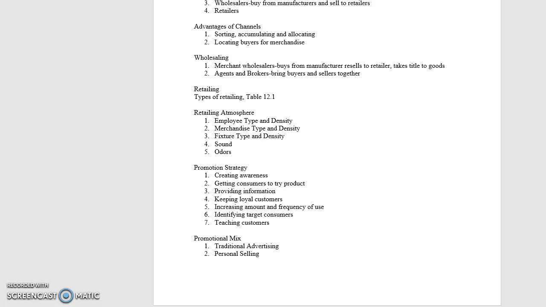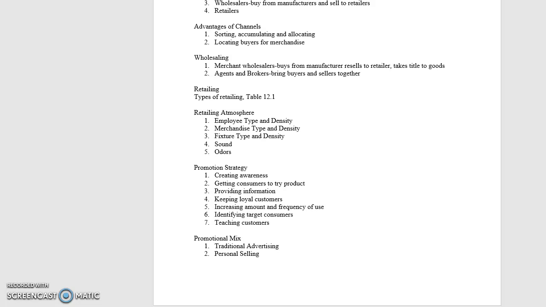So that's what merchandising type and density means. In Dollar General, you may have to find whatever you're looking for. And in fact, I've been in some Dollar Generals where they'll say, it's in that box, just go ahead and open it, okay? That is not going to happen at a high-end department store.